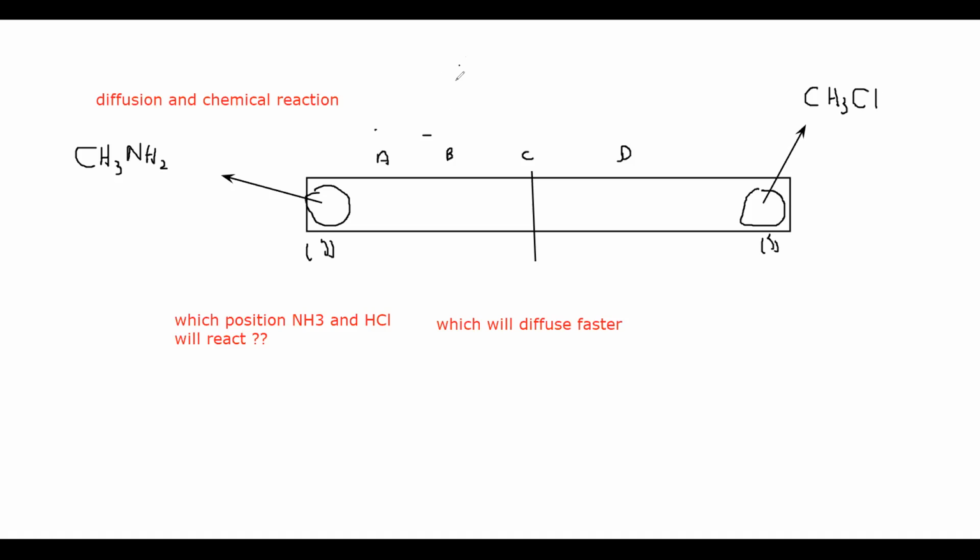Carbon is 12, hydrogen is 1, nitrogen is 14, and chlorine is 35.5.